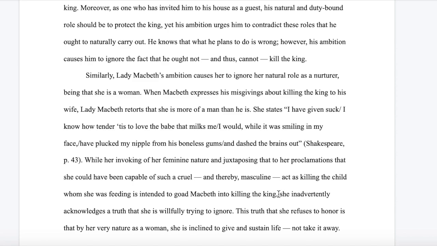But at the same time, I say that while she's doing this, she acknowledges a truth that she wants to ignore. She's willfully trying to ignore this truth, but she acknowledges it here.